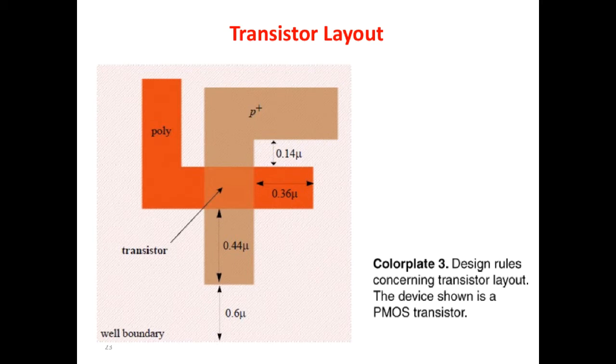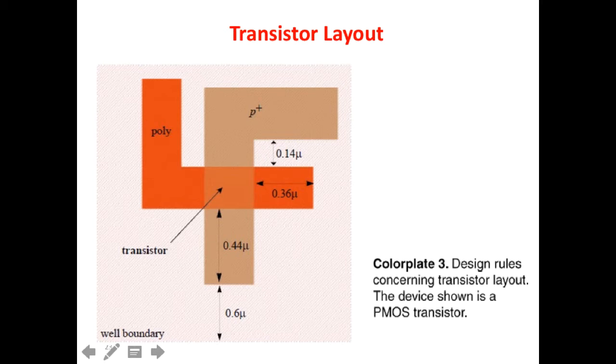Essentially, if it's a PMOS transistor, the bottom P plus region is, for example, the source region, and the top P plus region is the drain region. So the two P plus doped regions are source and drain, and the poly represents the gate.